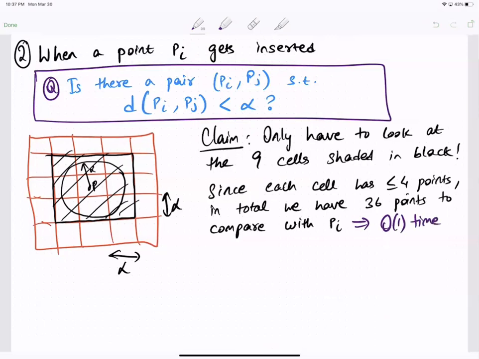When we are theoreticians, we ignore constant factors, so we can boldly say this is a constant time operation.